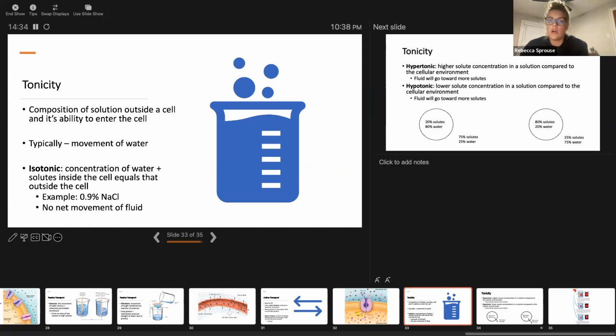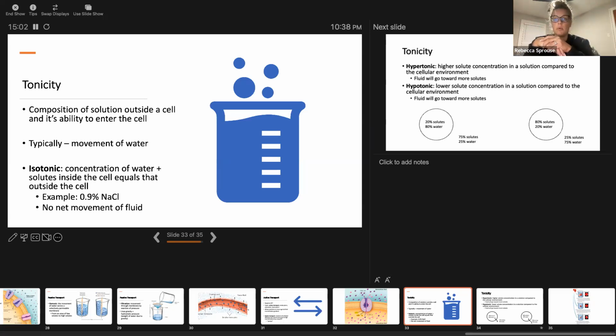If the concentration of water and solutes inside the cell is equal to that outside the cell, we call it isotonic. Let's say we have a red blood cell in a bloodstream. The water and solute concentration in this red blood cell is the same as in that blood plasma. So we have no net movement, everything's happy, it's isotonic.